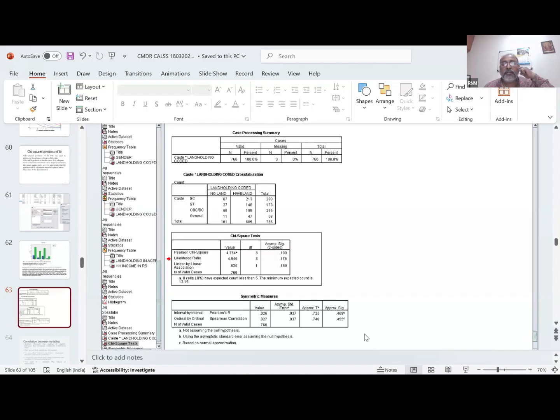But if you see in percent terms, the general category will have less land, and of course the scheduled tribe category. So this is the example I am giving, that a chi-square test has a limitation. It only facilitates some degree of association, whether it exists between two categorical or ordinal variables.